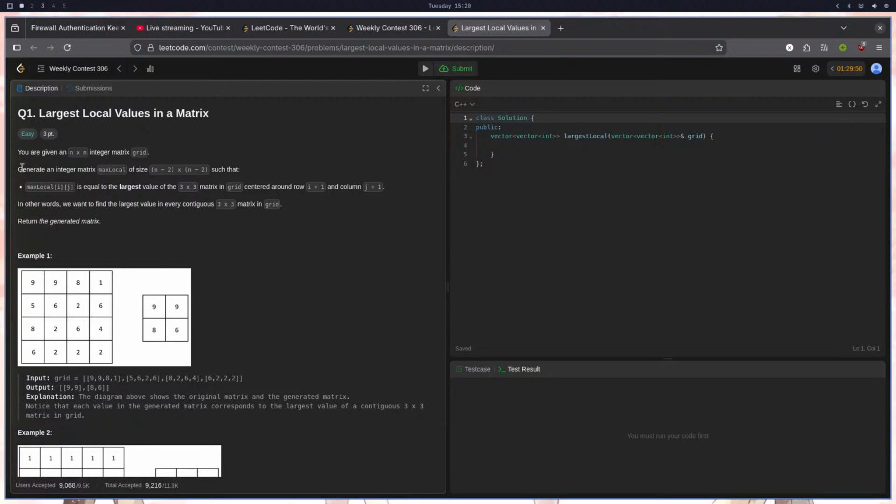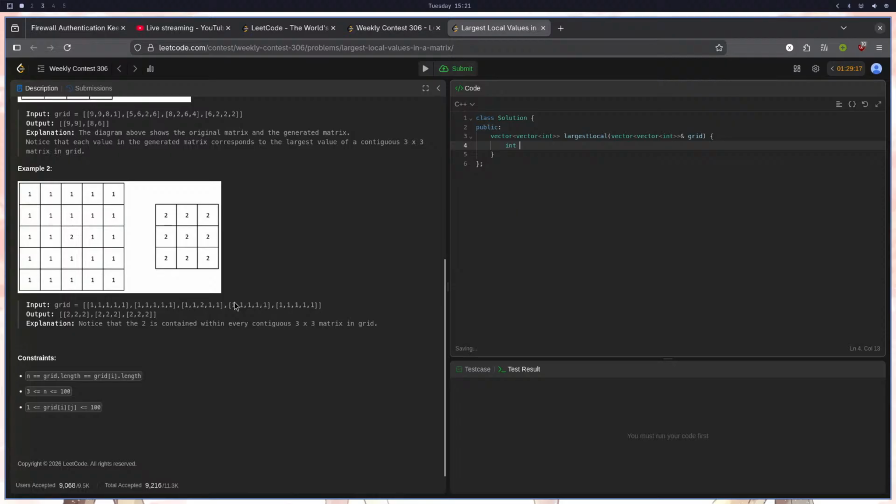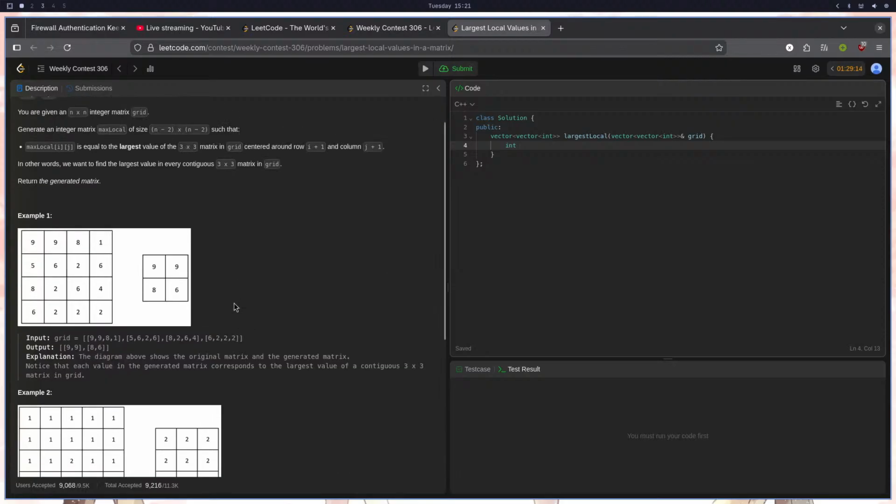Generate an integer matrix maxLocal of size such that it contains the largest value. I see. INT and dot size, vector.